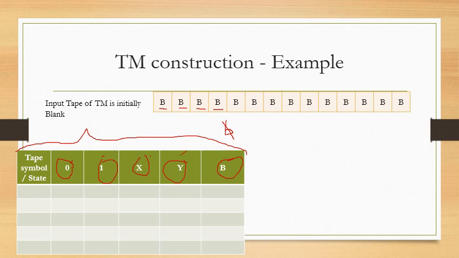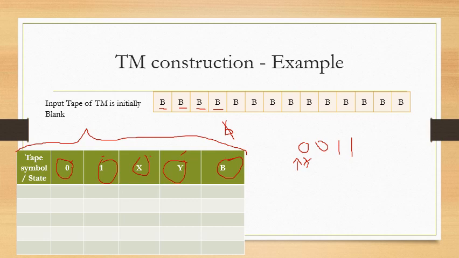The logic behind solving this problem is as follows. Suppose I have two zeros and two 1s. My tape head will be pointing here. Whenever I read a 0, to make it clear that I have read that 0, I mark the 0 as x.